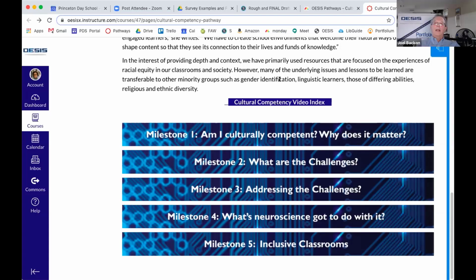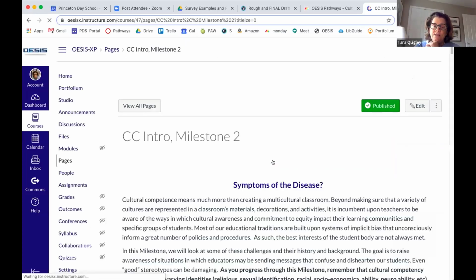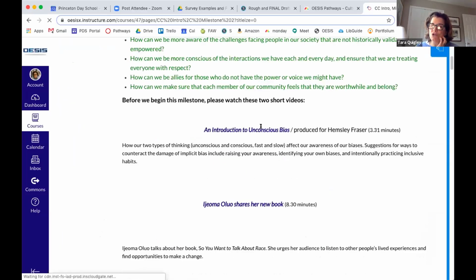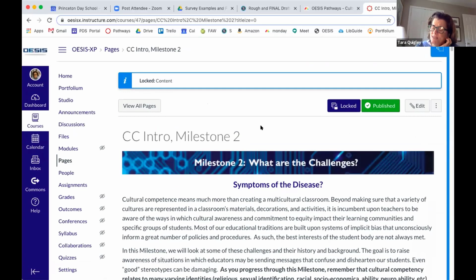I remember that one of the things that I saw in here was this whole concept of implicit bias. Can you say a few words about that? Yeah, so I think that's in the what are the challenges, right? So unconscious bias, and that really ties into what we're talking about in terms of the culture being the software that runs your hardware.